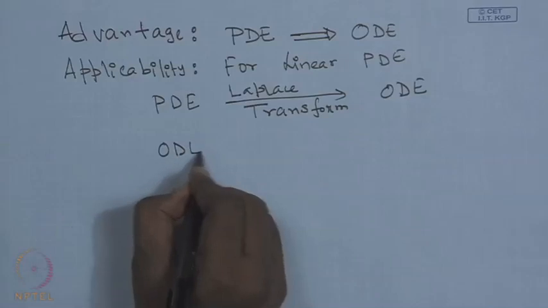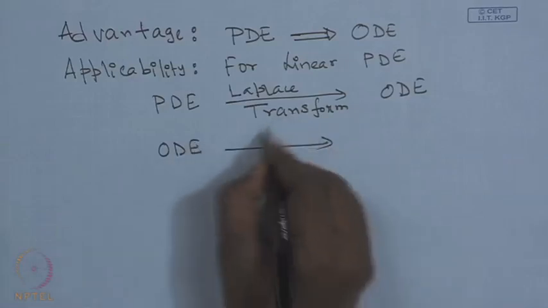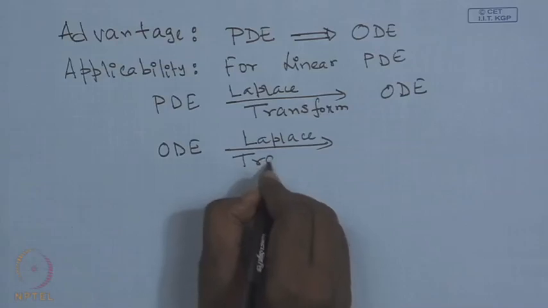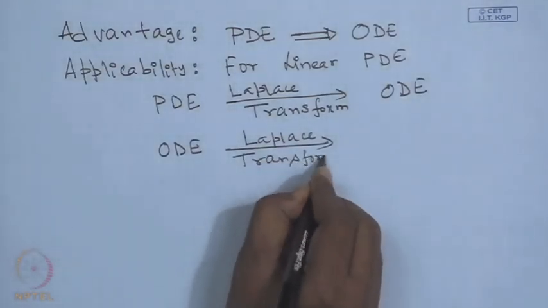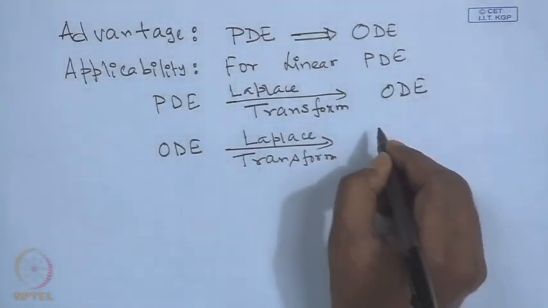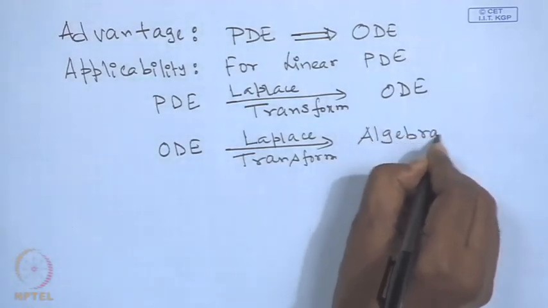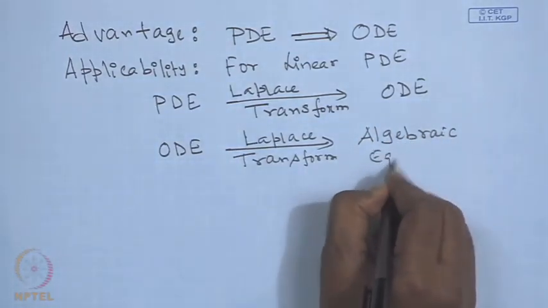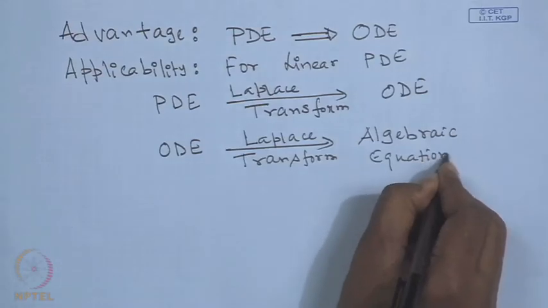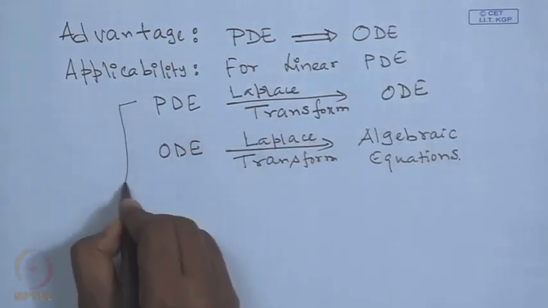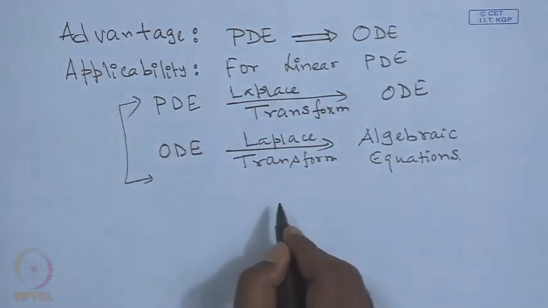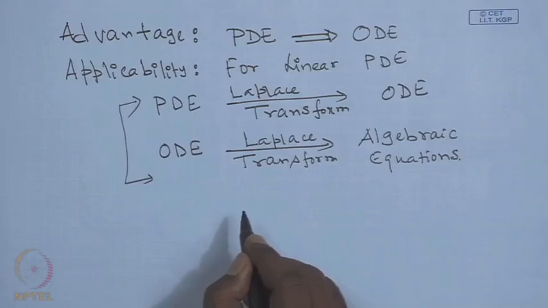If an ordinary differential equation is the governing equation, then by using Laplace transform we will boil down the ordinary differential equation into algebraic equations. So, that is the advantage of Laplace transform. From PDE we get ODE, from ODE we get the algebraic equation.